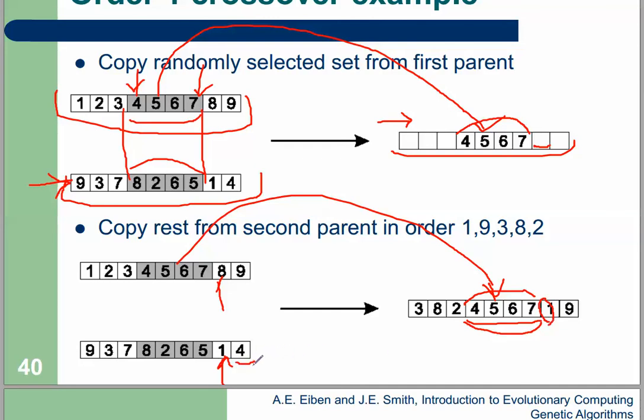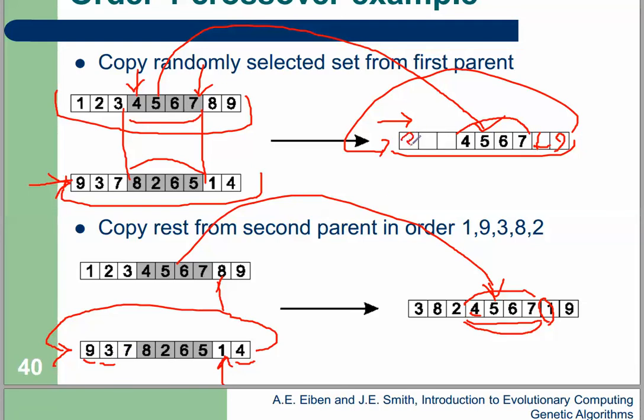Then 4, which exists here, so we jump to the next. It is 9, we don't have 9, so it is 9. Go to the first and continue. It is 3, we don't have 3, so fill it. It is 7, we have 7 here, so jump to the next. We have 8, we don't have 8, so fill it with 8, and then 2, we don't have 2, so it is here. It is exactly this, and then 1.